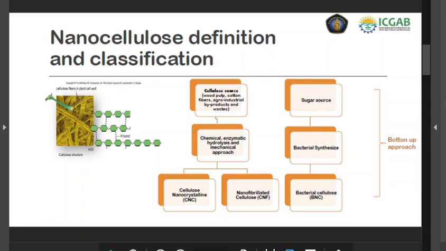While the mechanical technique can use high pressure methods, high speed defibrillation of cellulose chain to provide cellulose fiber in the nanodimensional range. Bacterial nanocellulose is synthesized from a sugar source such as glucose by a family of bacteria, through the bottom-up approach.